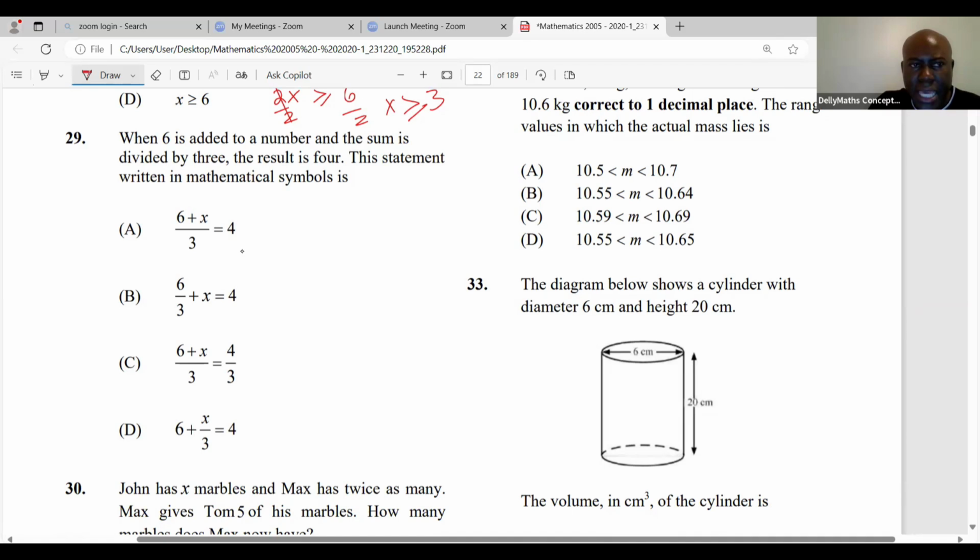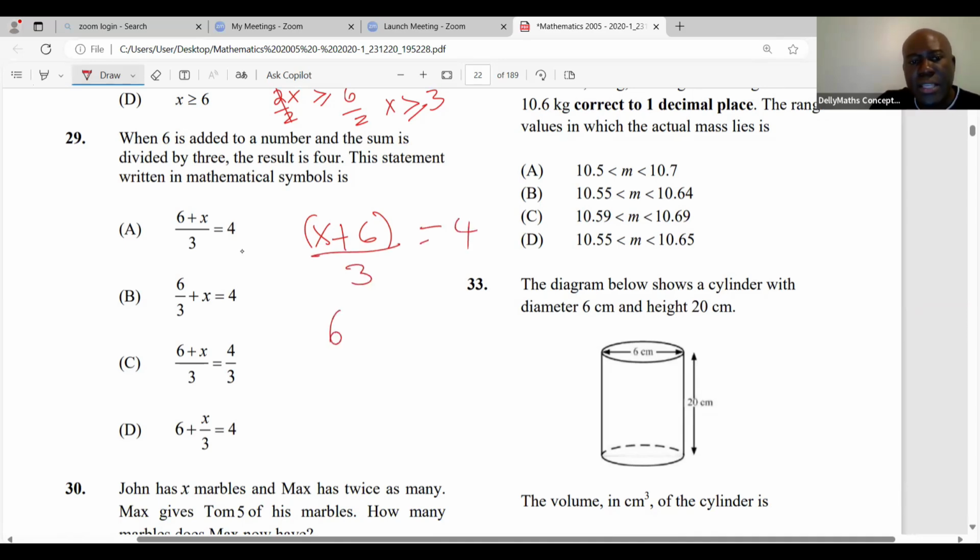So 29 says, if 6 is added to a number, and the sum, this combined thing, is divided by 3, the result is 4.